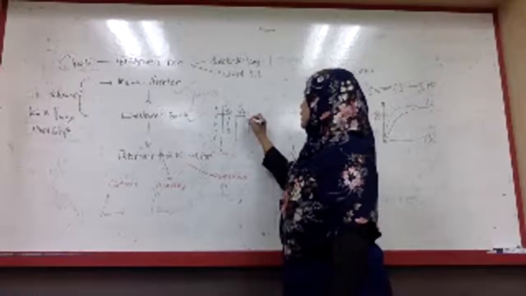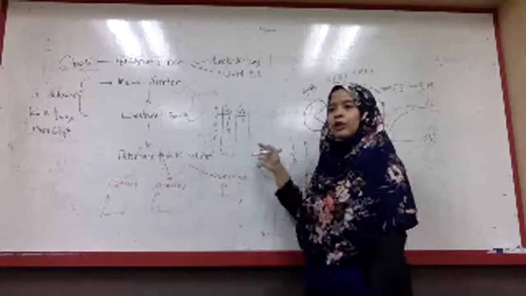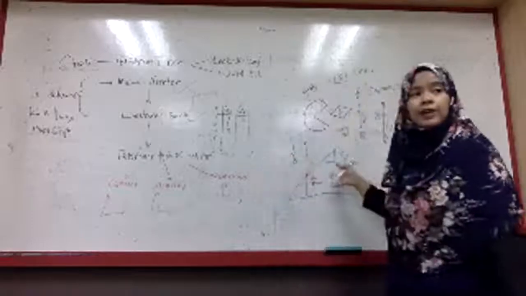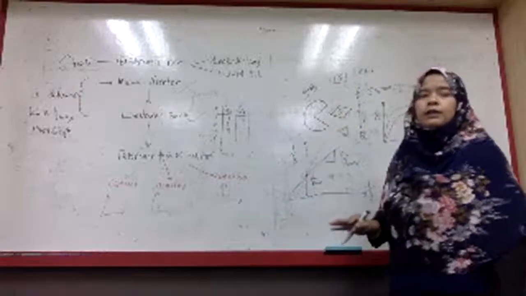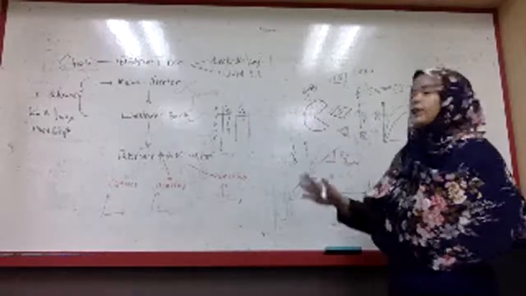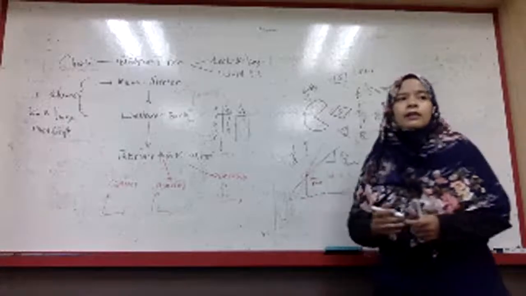So this is 2. So you plot, and if there are 3, you plot on the same graph. Don't ever plot on separate graphs. The reason to plot on the same graph is so that in the end you can compare what kind of inhibitor that is. Okay? Right.